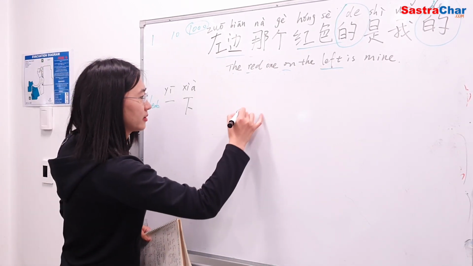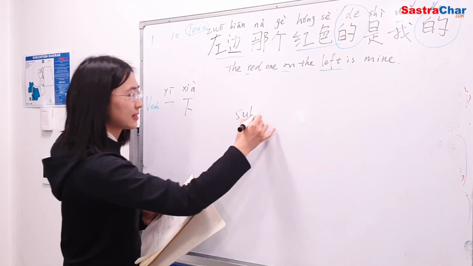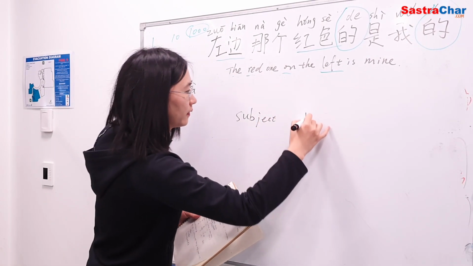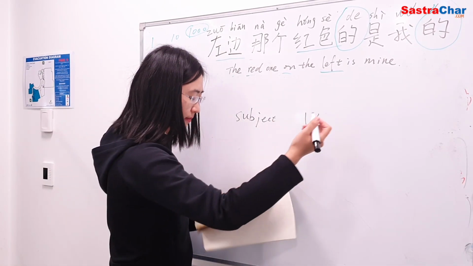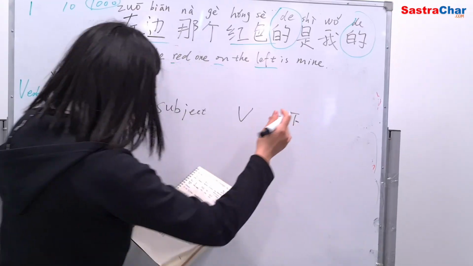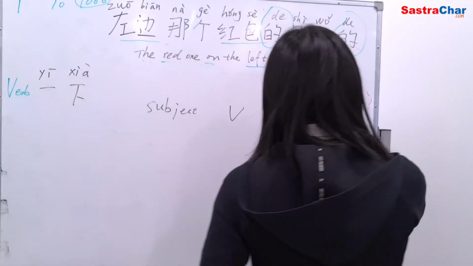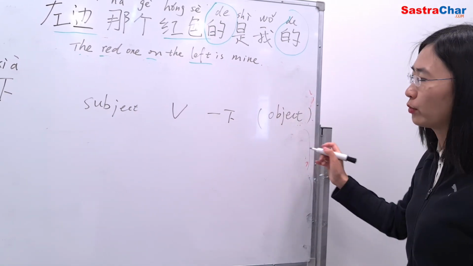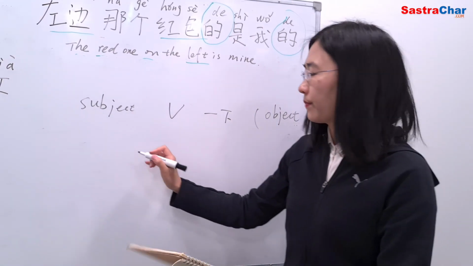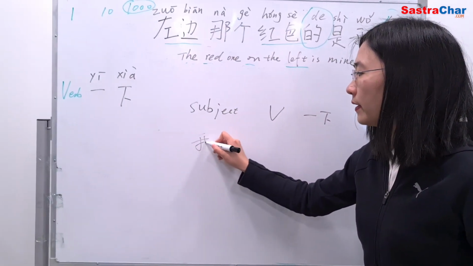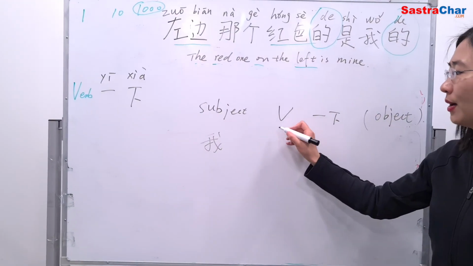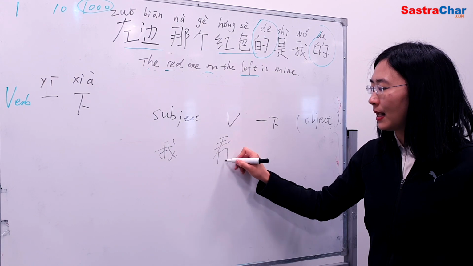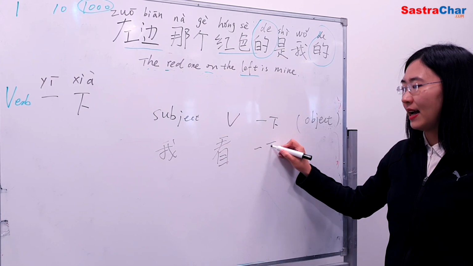So let's see some examples. So this is the subject, and this is the verb, and this is 一下, okay, and maybe there is an object, so I will put this object in a bracket. So let's see the first sentence, very easy. 我看一下.